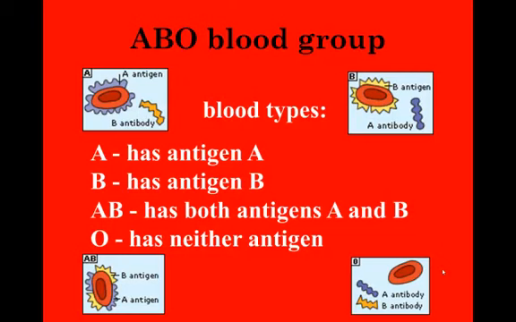If I have the A antigen but I do not have the B antigen, I am type A blood. If I have the B antigen but do not have the A antigen, I am type B blood. If I have both of the antigens, I am type AB. And if I have neither of the antigens, I am type O.